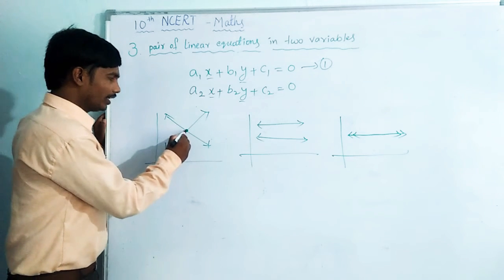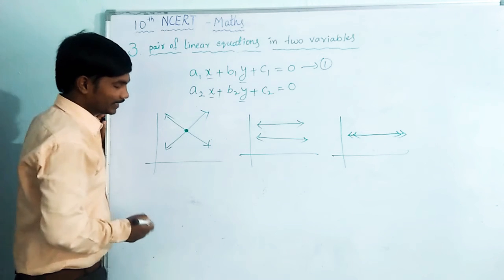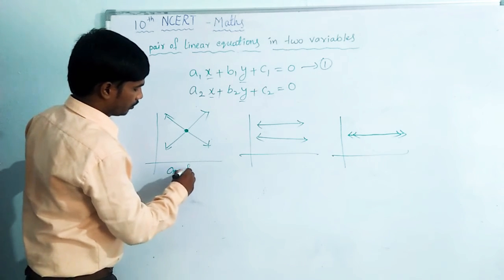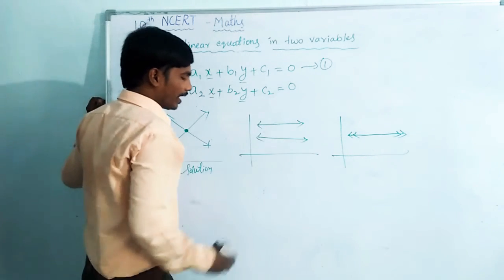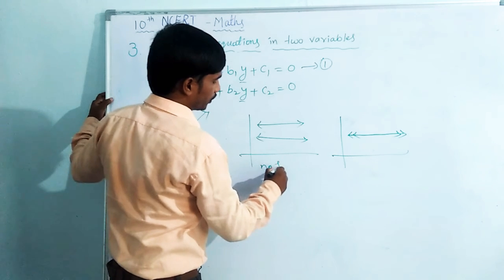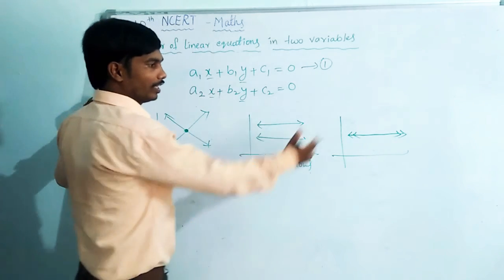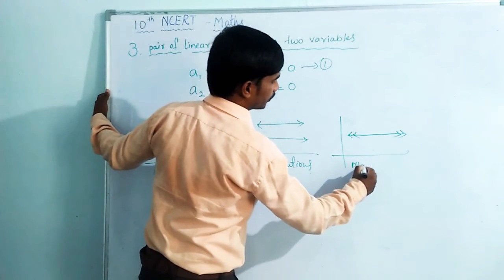If both linear equations intersect, how many solutions? The intersecting point is the solution. It means one solution. If the two linear equations are parallel, there is no solution. If the two linear equations coincide, there are many solutions.